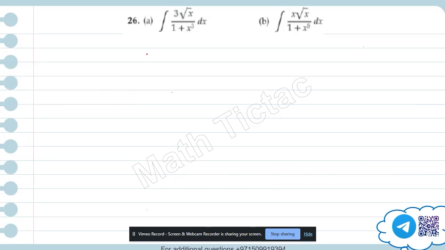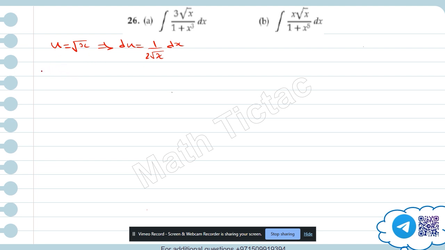So let's move to the question directly. This is my question, square root of x divided by 1 plus x cubed. Let's make u equal to square root of x, for example. Now du is equal to 1 over 2 square root of x dx.